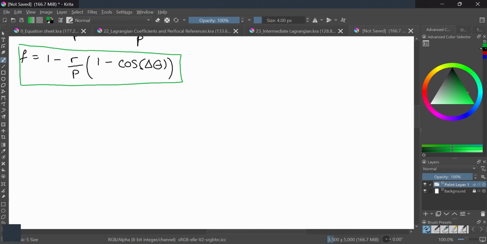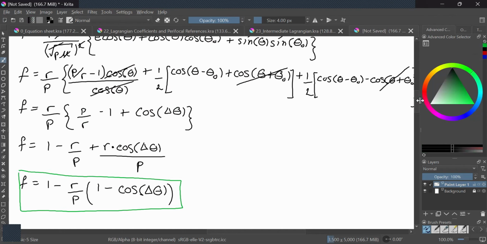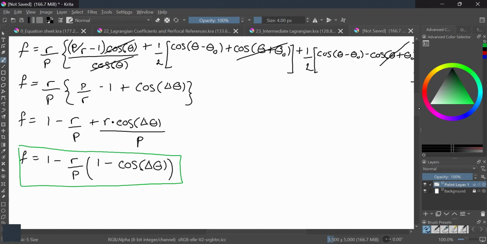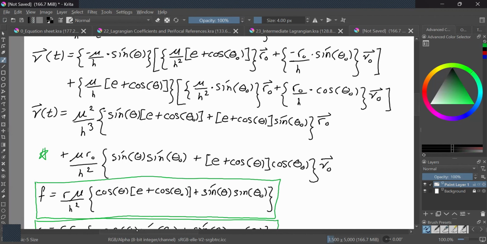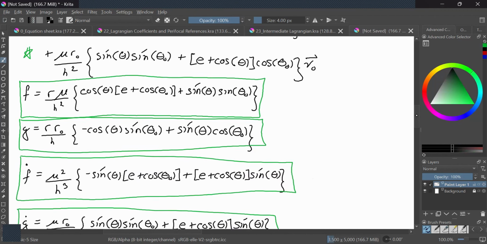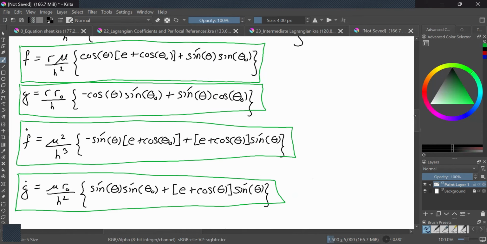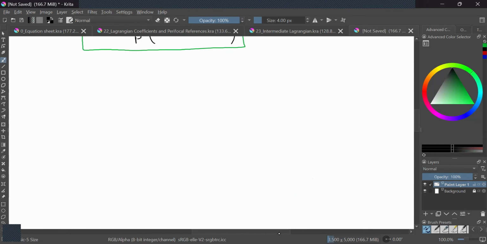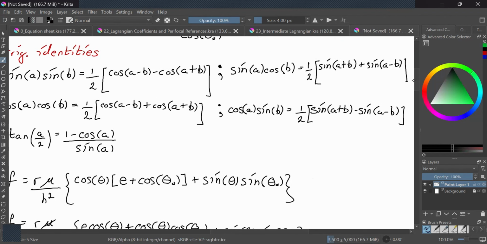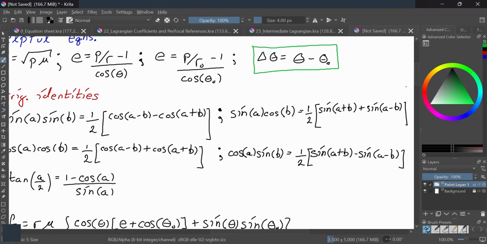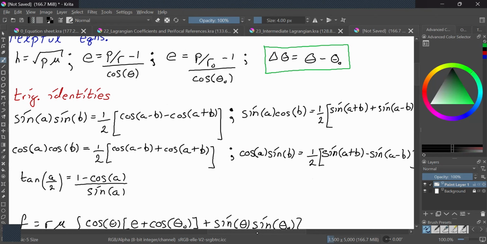Now, I think it would be a fun exercise to take all of these other variables, g, f dot, and g dot, and run them through the same process that we just went through up here.